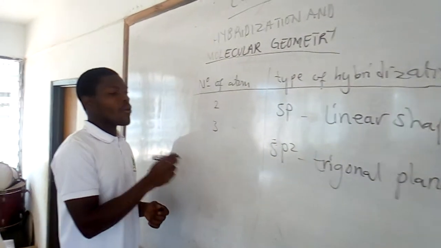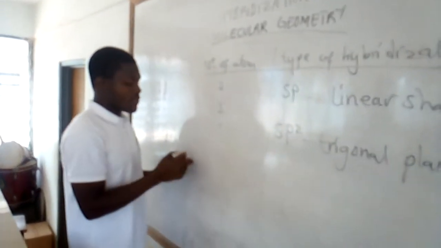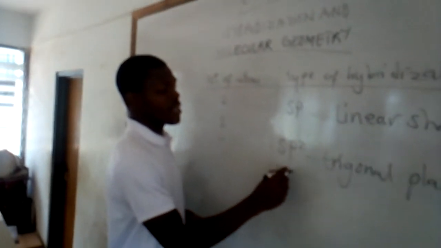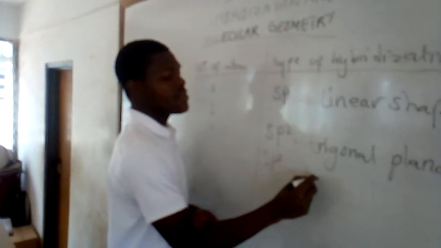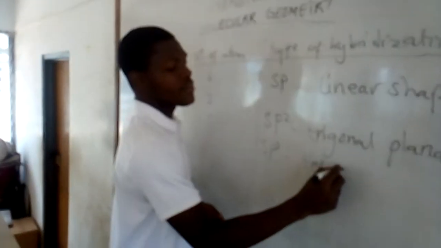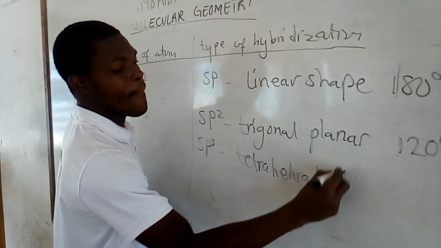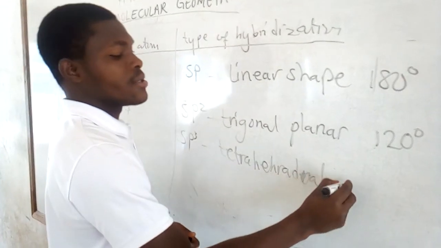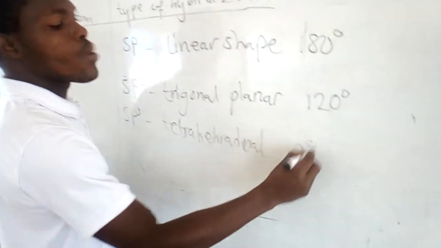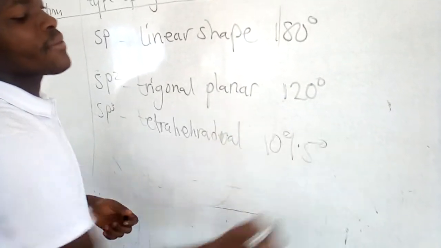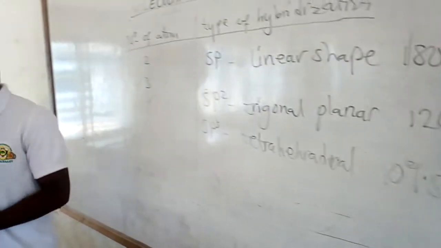When the number of bonding atoms is 4, it follows like that: sp3, tetrahedral shape, and the angle is 109.5 degrees.